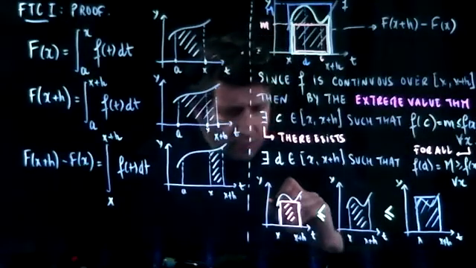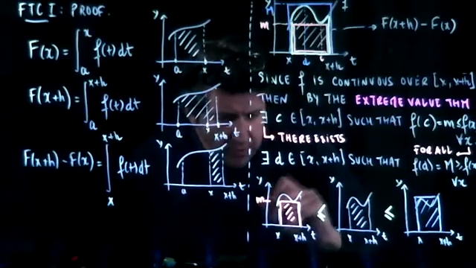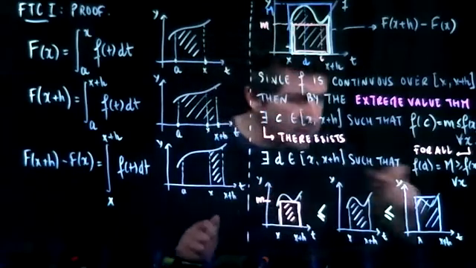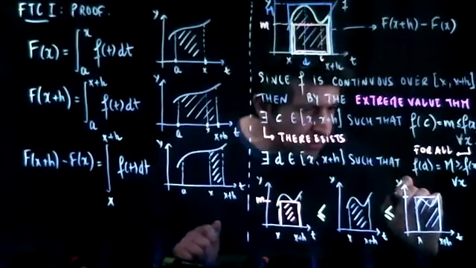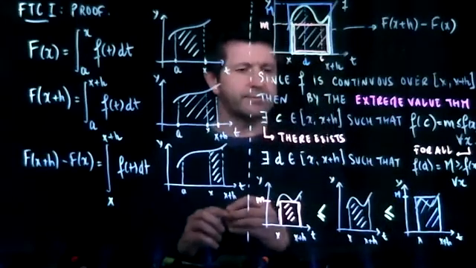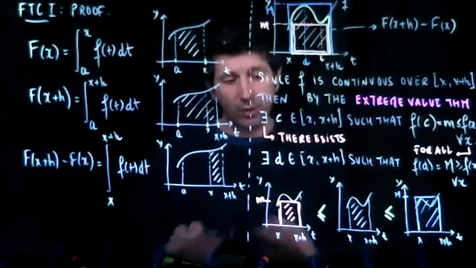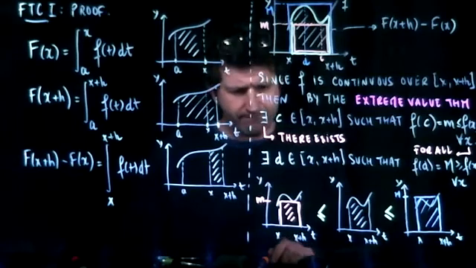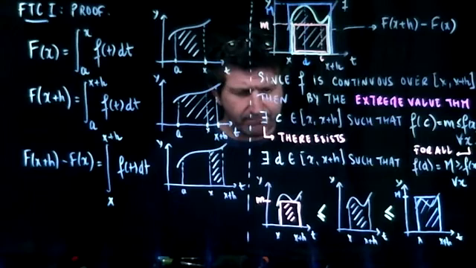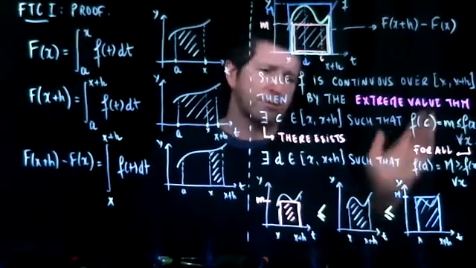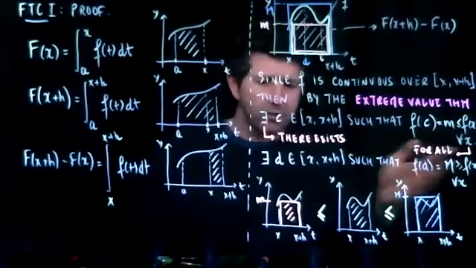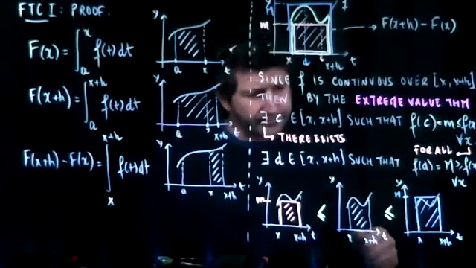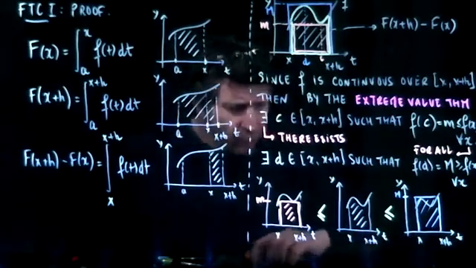Just to make sure, this is small m, and this, of course, was big M. Good? So basically we take the area of the minimum, and that's going to be smaller than the original, and then the maximum is going to be bigger than the original. Exactly. It's just basic geometry.